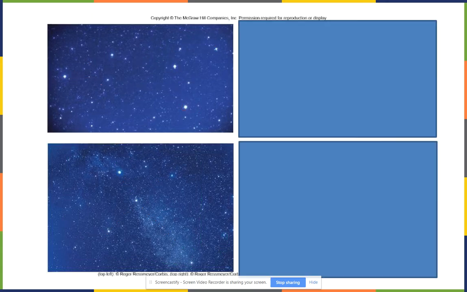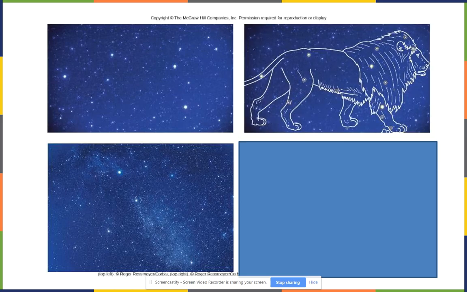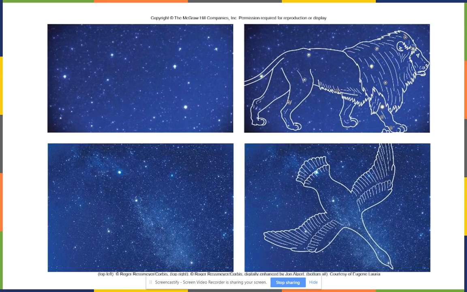So here's another one. Now, what do we have on the left pictures? We just went over them. What do we see in the upper picture? Okay, there is a pictogram of Leo the lion. Looks just the same, right? Yeah, absolutely. The lower one, Cygnus the Swan, looks just the same.